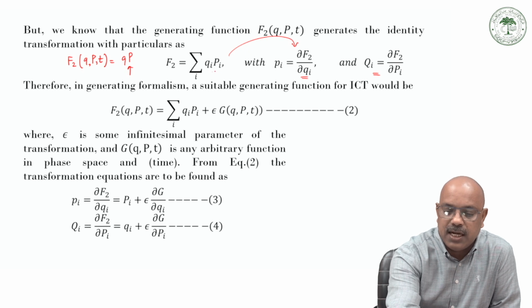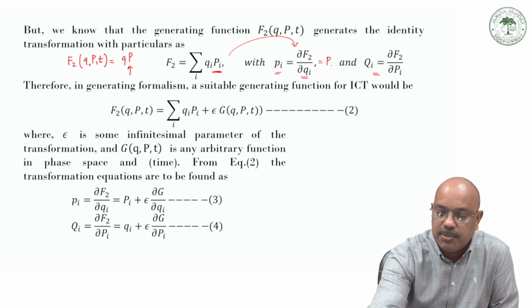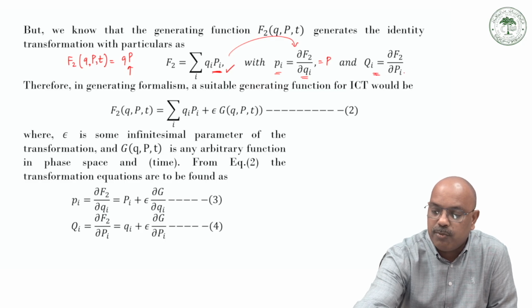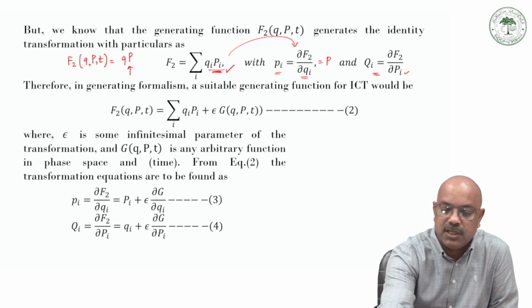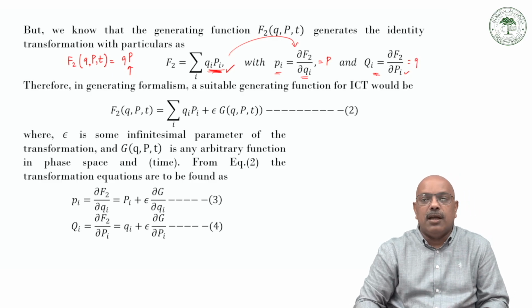So if you find Pi, that is delta F2 upon delta qi, it is equal to capital P, and then if you find Qi as delta F2 upon delta Pi, it is going to be Qi. So this is going to be the identity transformation.